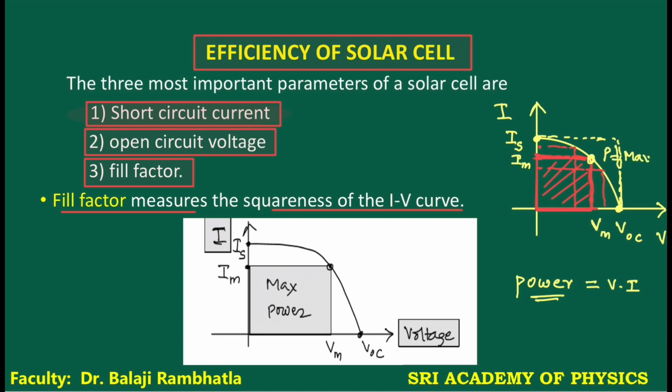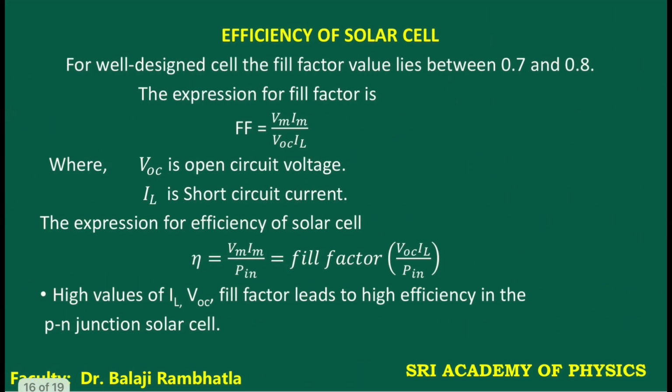So that square placed inside the IV curve is what gives the fill factor. At the fill factor, the power of the solar cell is maximum.